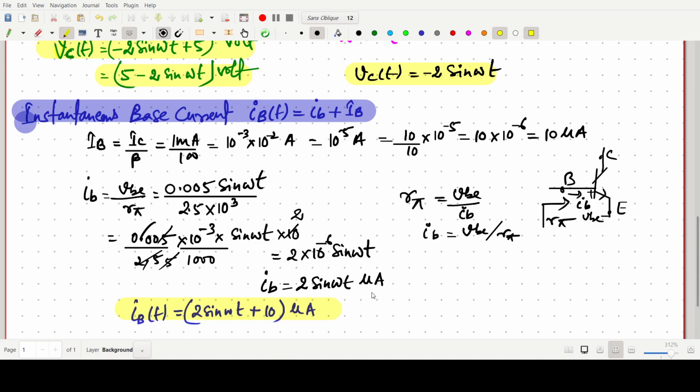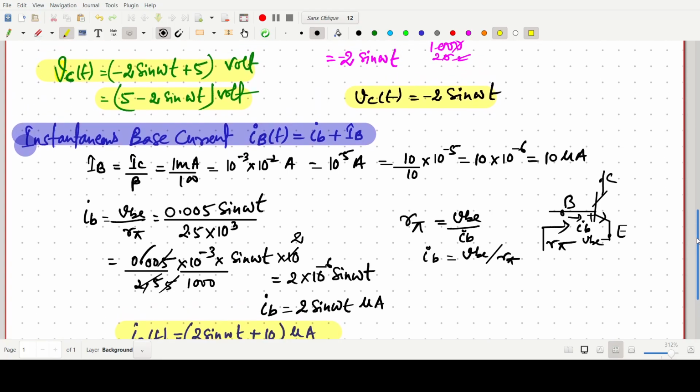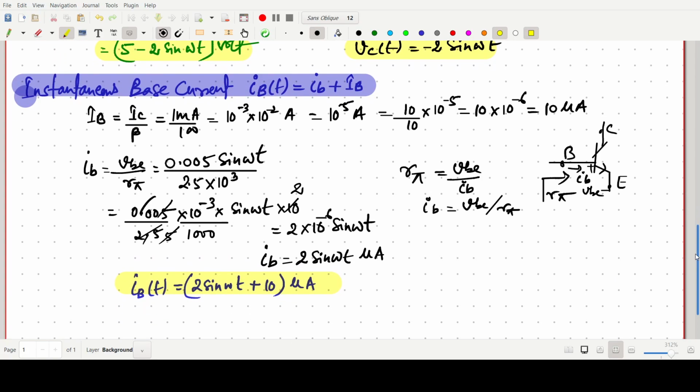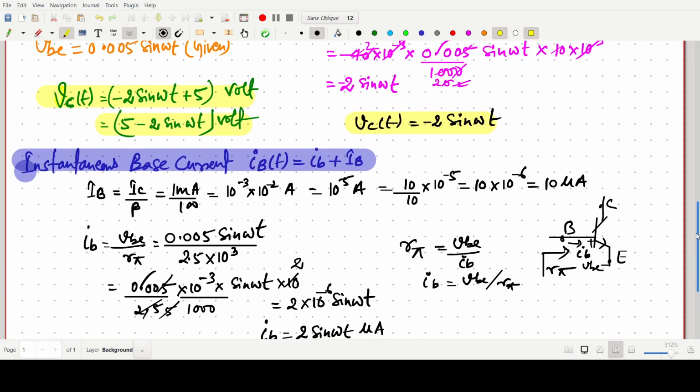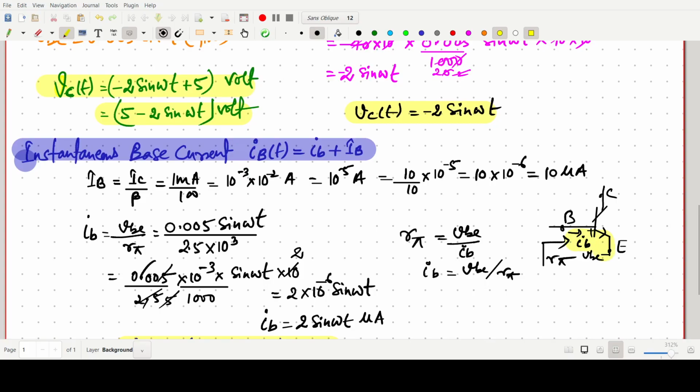This is an exercise problem from the Microelectronic Circuits book. I have solved it, but behind that we have to go for some theory, and we must know this concept: why I am writing this formula for r pi. Because VBE equals r pi into ib, and VB is given in the question.